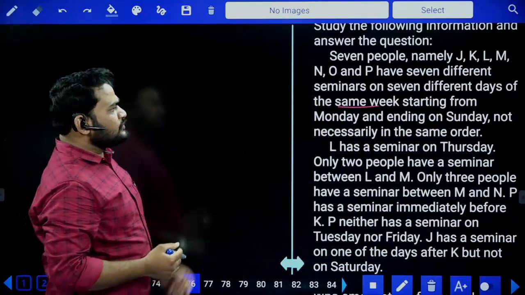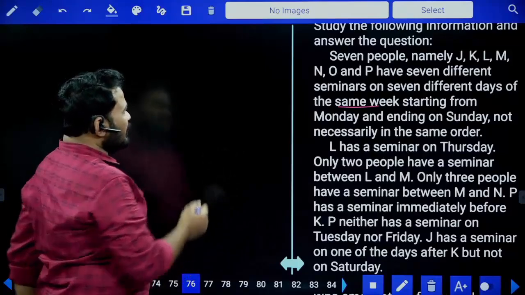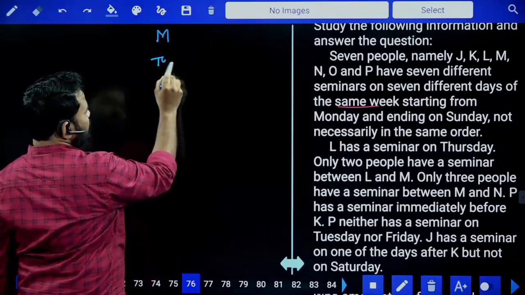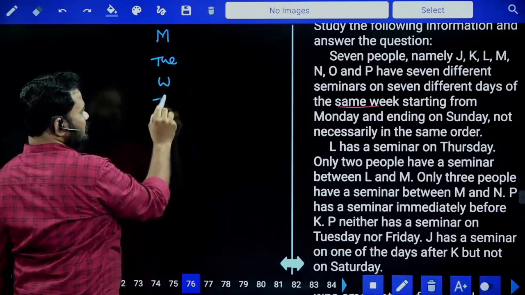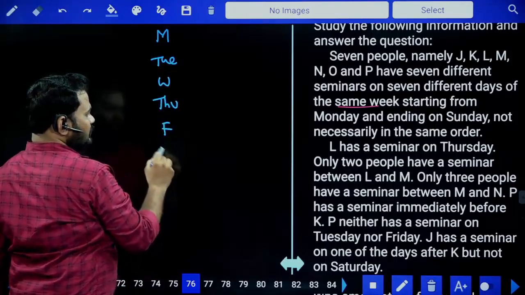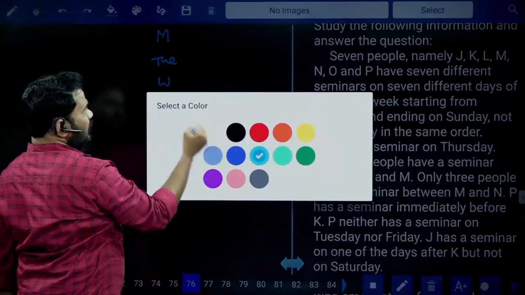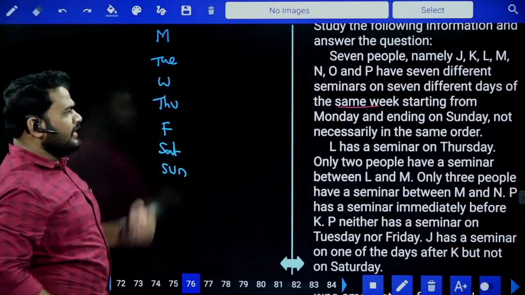Let us start the solution right from Monday: Monday, Tuesday, Wednesday, Thursday, Friday, Saturday and Sunday. We have 7 days.